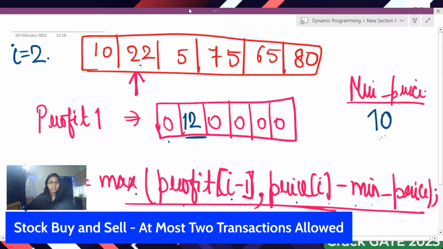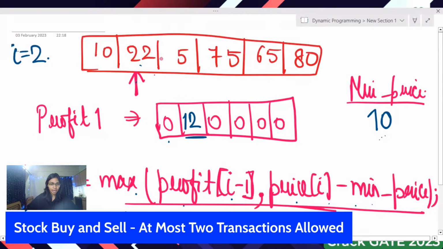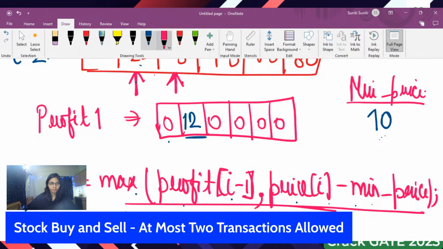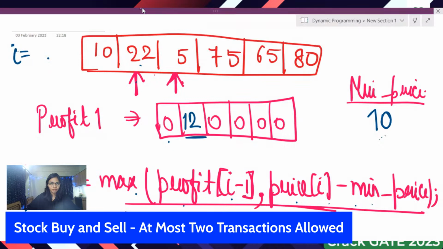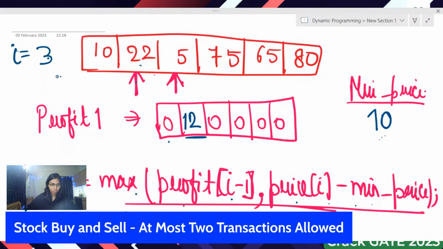Let us now move to our next I index. Currently the index is here. Let me update the value of I as well. We have I as 3 now. So will the minimum price get updated? The value of I is 3.